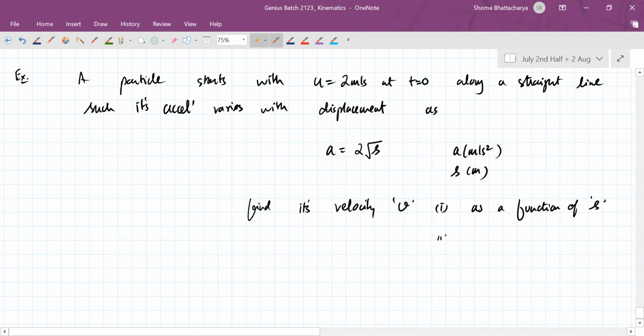And secondly, we want to find its velocity v at an instant when its displacement is equal to 4 meters. When it has reached a displacement of 4 meters, at that particular instant, what is the value of its velocity? We want to calculate this. So just try this out. Just use the method which I've shown above. It's a direct application of that.